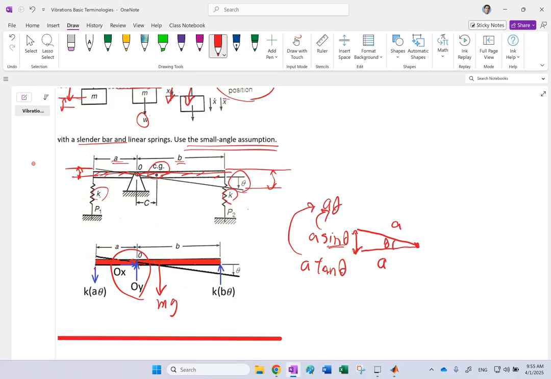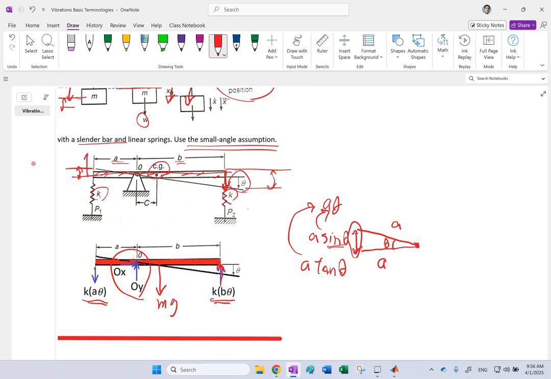So I can say this basically vertical distance is A times theta, on this side is B times theta. So K times A theta is the force on this side, K times B theta is the force on the other side. Now this side the spring goes down, so the spring is going to push back.